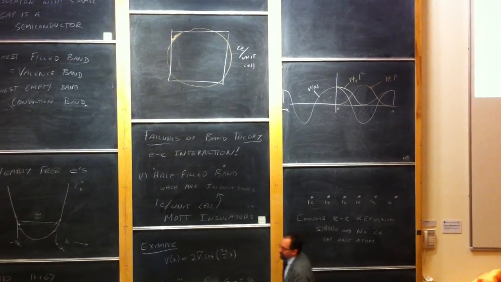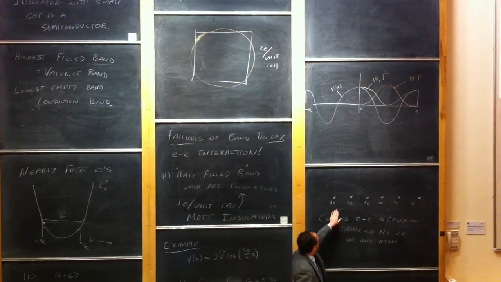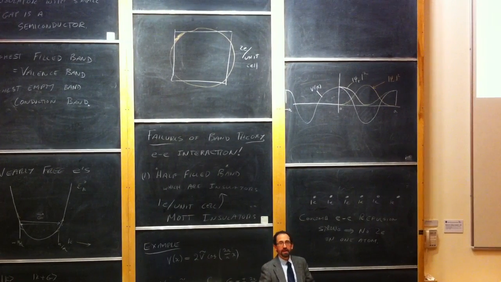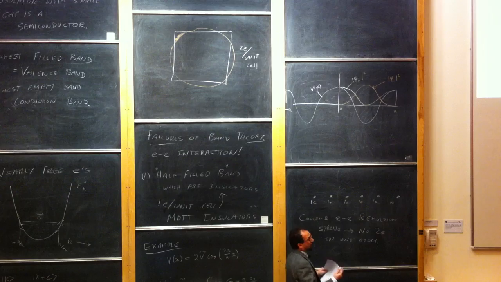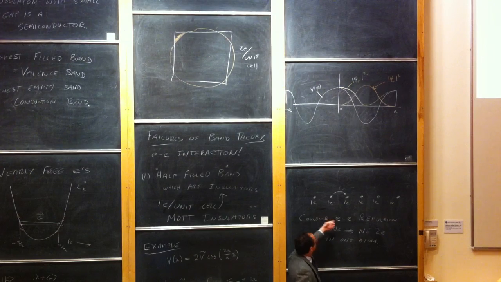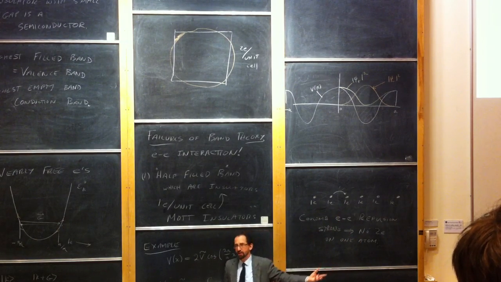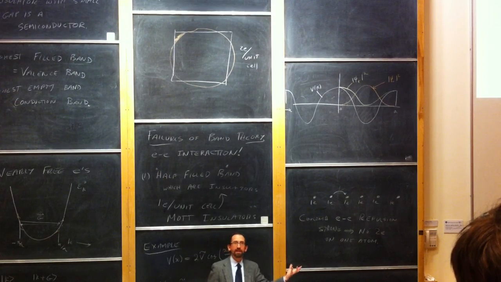And then imagine heating this up or applying an electric field to it and asking, can the electrons move? Can the electrons carry current? Well, in order for them to carry current, this electron has to hop to the neighboring site. But it can't do that because the energy to sit on that site is very, very large, and it's forbidden to put your electron on a site where there's already an electron.